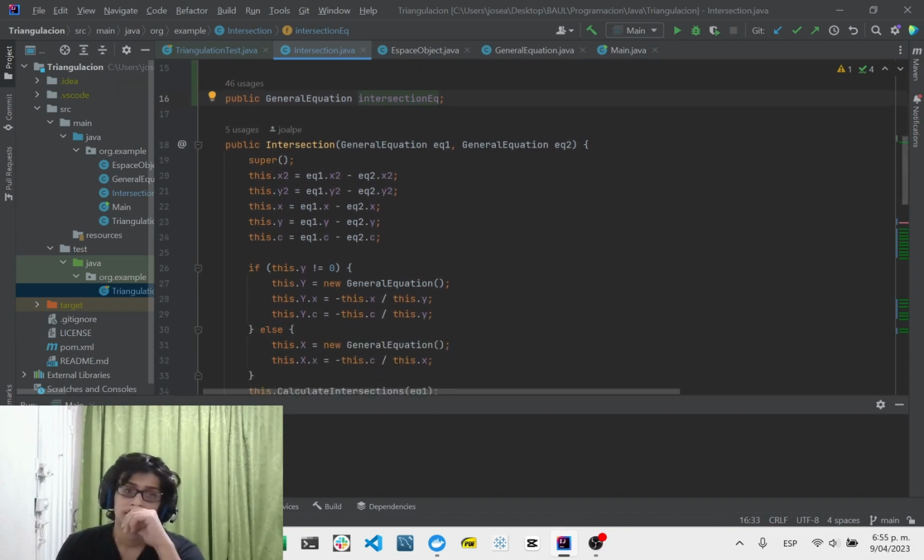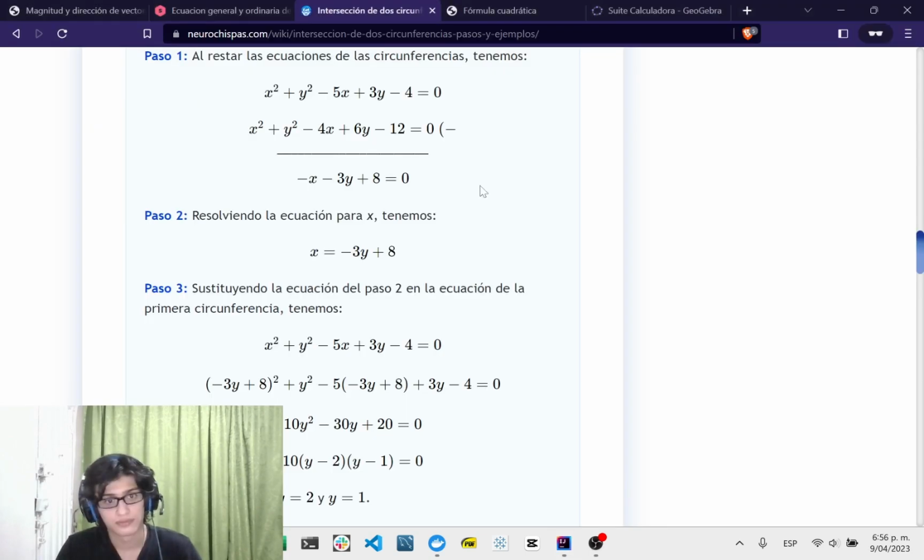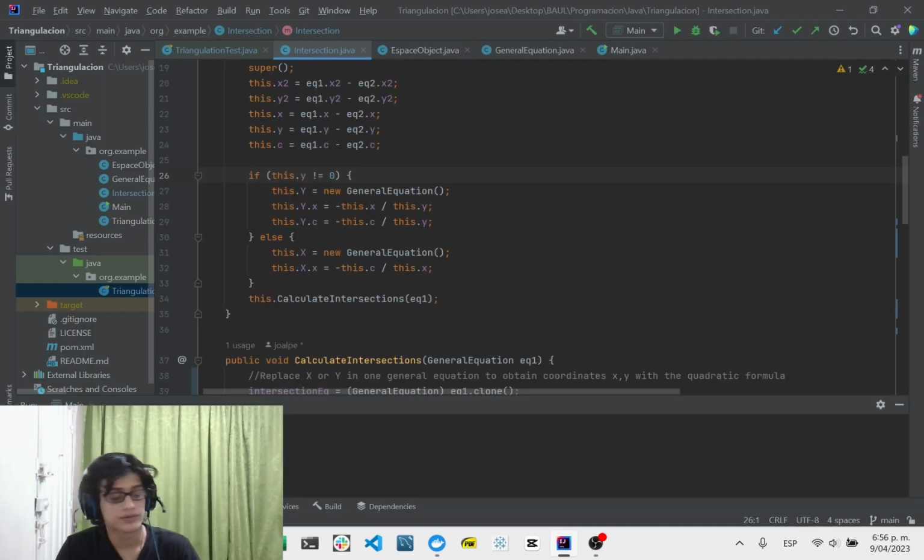First, to create the intersection, I need to send one general equation and another general equation. I subtract all the attributes, and finally I get something like this. Here I'm going to do a condition. If y is different from 0, I'm going to do this. If not, I'm going to do this. Why?